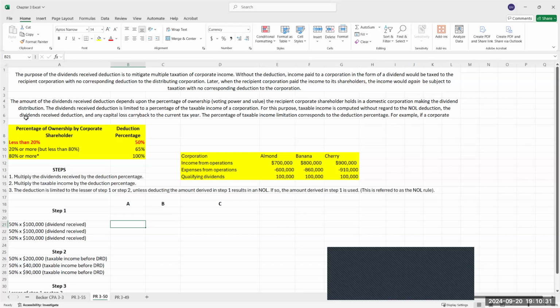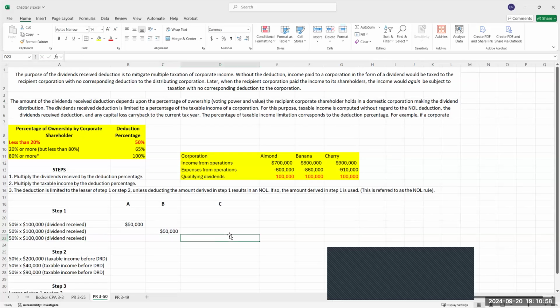So for step 1, we factor in the dividends received. All of them received the same amount of dividends. They all received $100,000. So for Almond Corporation, $100,000 multiplied by 50%. For Banana Corporation, 100,000 multiplied by 50%.